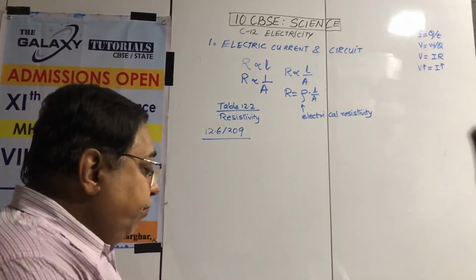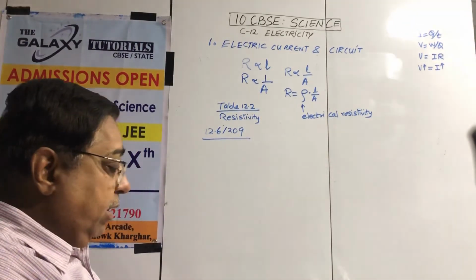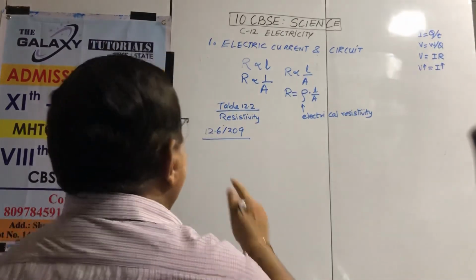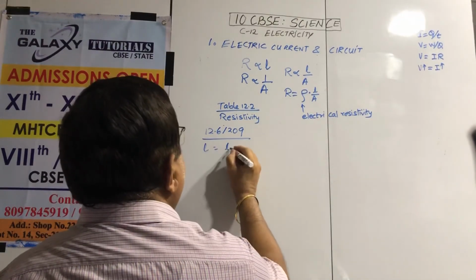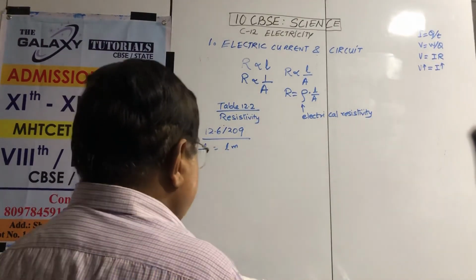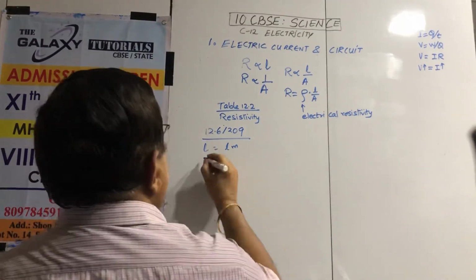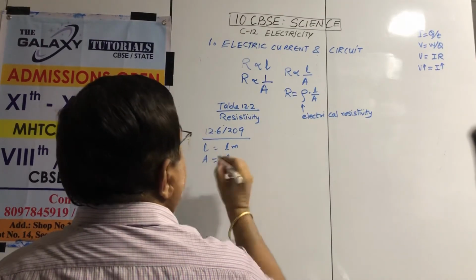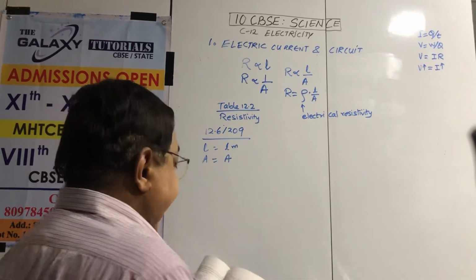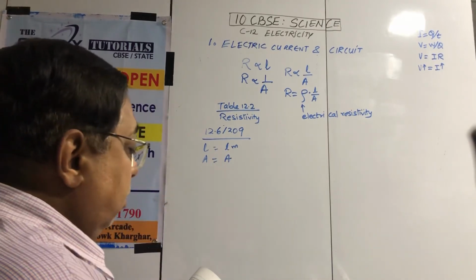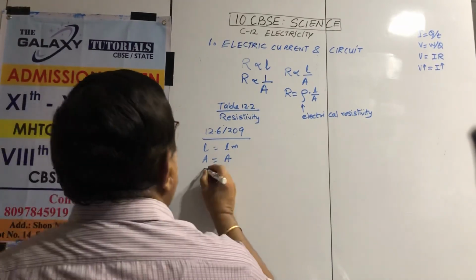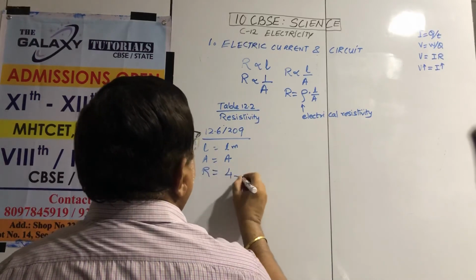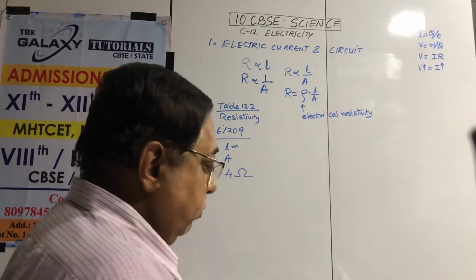It says, a wire of a given material having length L meters and area of cross section A meter square has a resistance of 4 ohms.